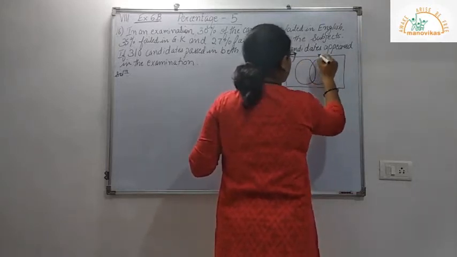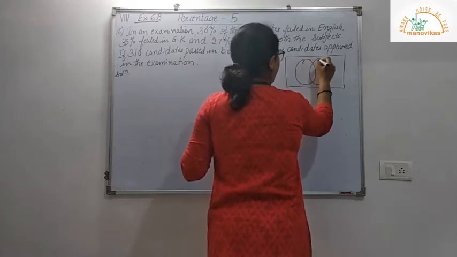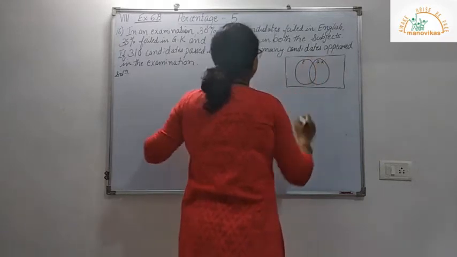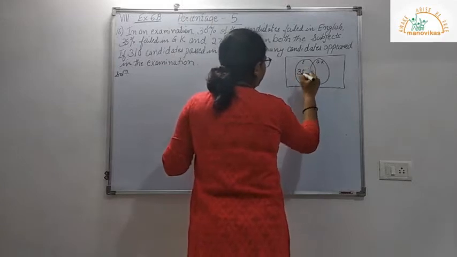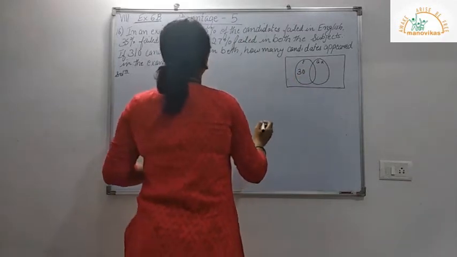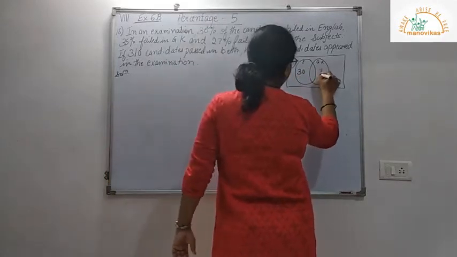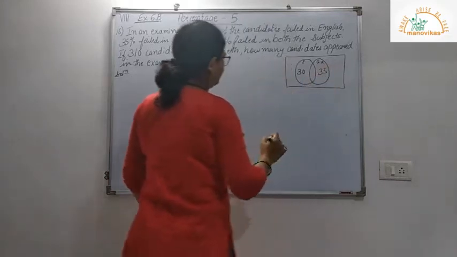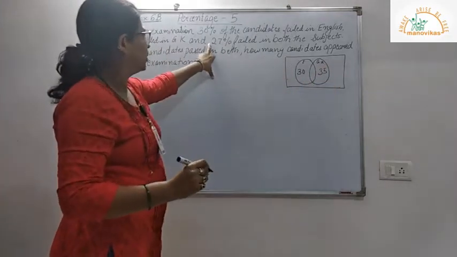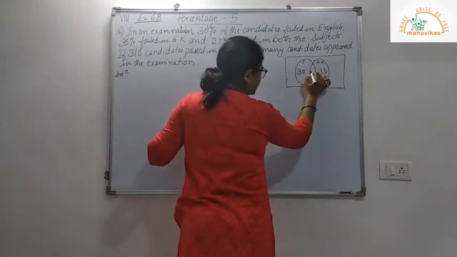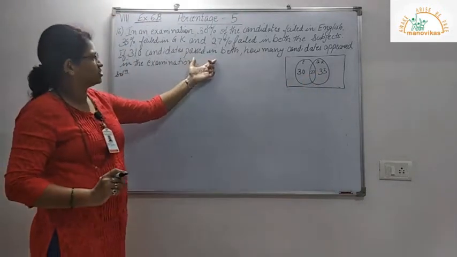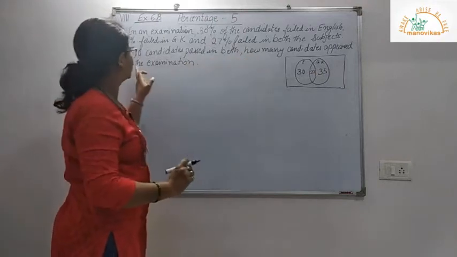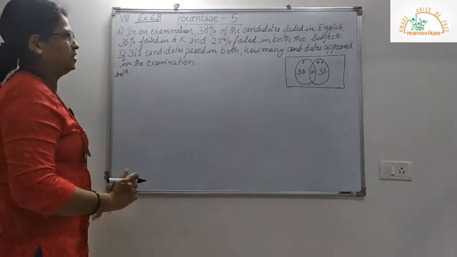We have two subjects, that is English and GK. In English they have said 30% have failed, and in GK they have said 35% have failed. The students failing in both the subjects is 27%. Now they have asked us how many candidates appeared in the examination.